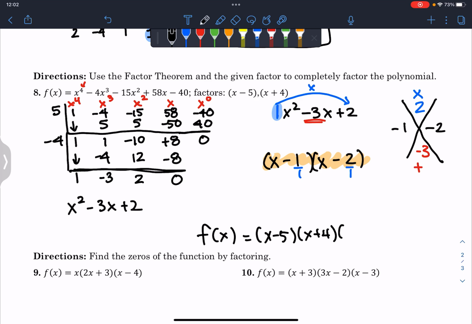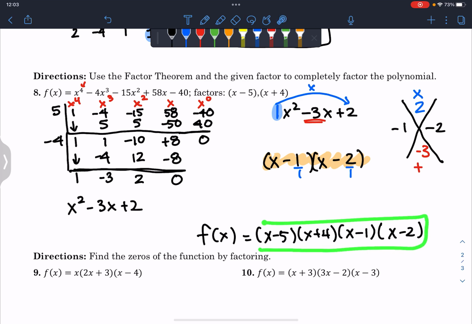So I can write f of x as x minus 5 times x plus 4 times x minus 1 and x minus 2. So these are the four things that multiply to give us again this polynomial here.